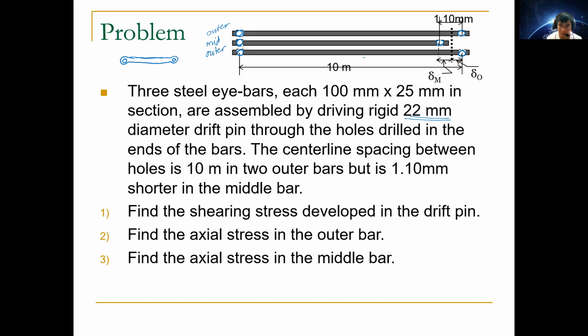For the outer bars, usually the spacing is 10 mm, but the spacing of the bar in the middle is shorter by 1.1 mm. As you notice, the drawing is super exaggerated, since 1.1 millimeters looks big.